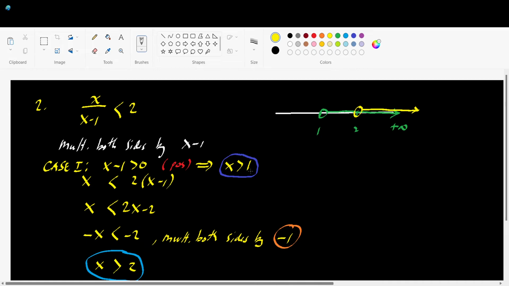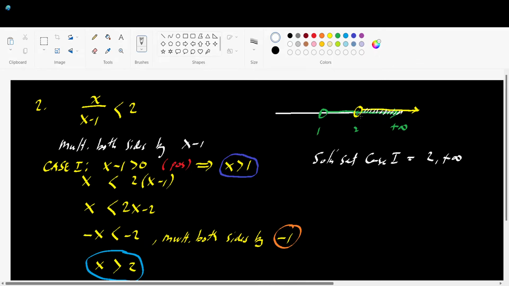Where is the intersection? It will be the set of numbers greater than 1 and at the same time greater than 2. So it should be this set of numbers. So the solution set for case 1 alone will be from 2 to positive infinity.